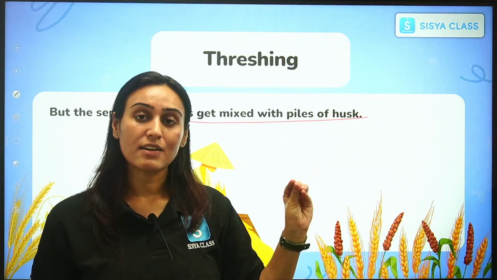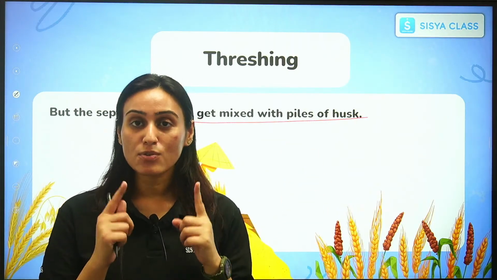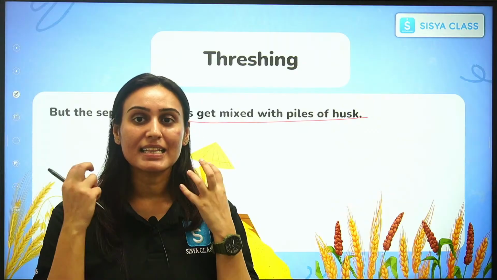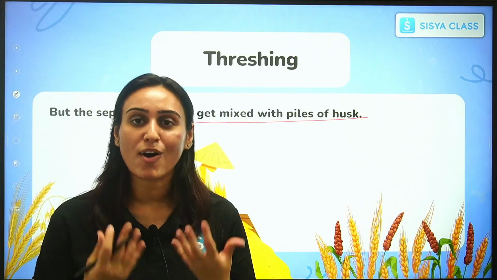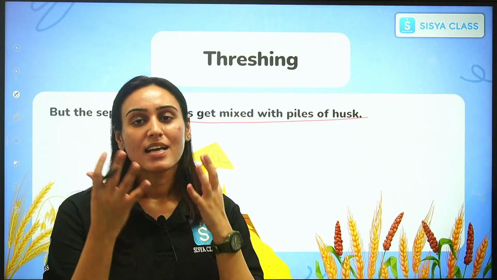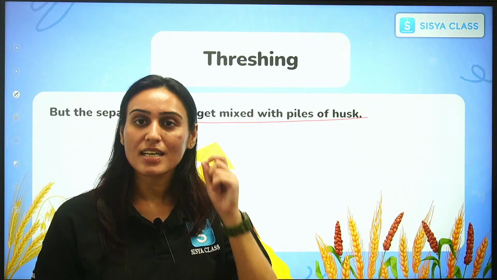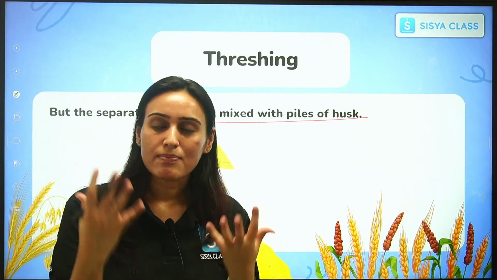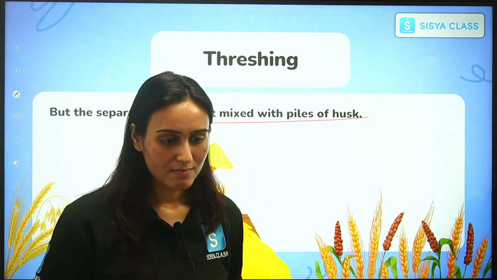In the method that we are going to learn now, we are going to use the difference in the density, the mass of the unwanted material that we want to separate out from the mixture. This will be the principle, and please focus on the principle. Okay, please see.